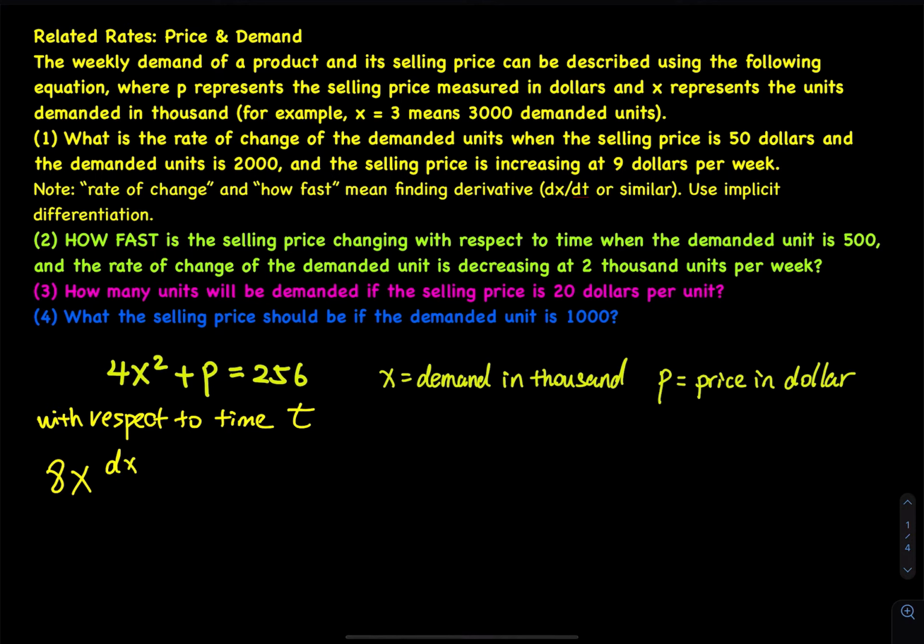X is the independent variable and t is the time, so we have to add a dx/dt. And then the derivative of P is equal to 1, and since this is with respect to t, we have to add a dp/dt. And then the derivative of the constant is equal to 0. This is implicit differentiation.